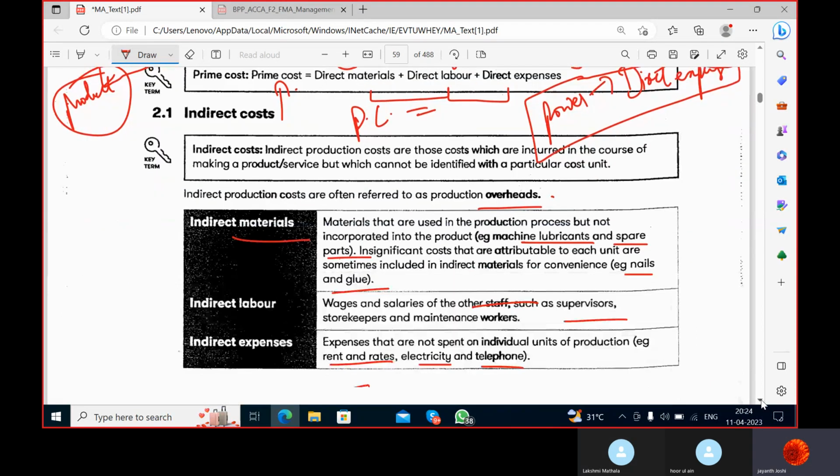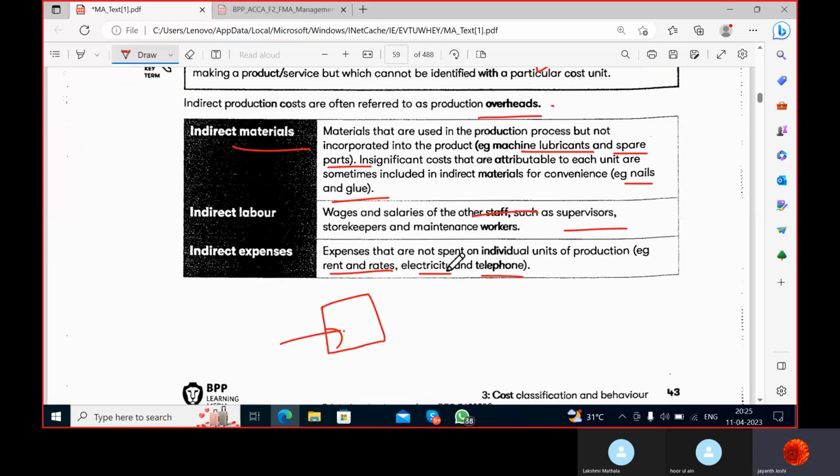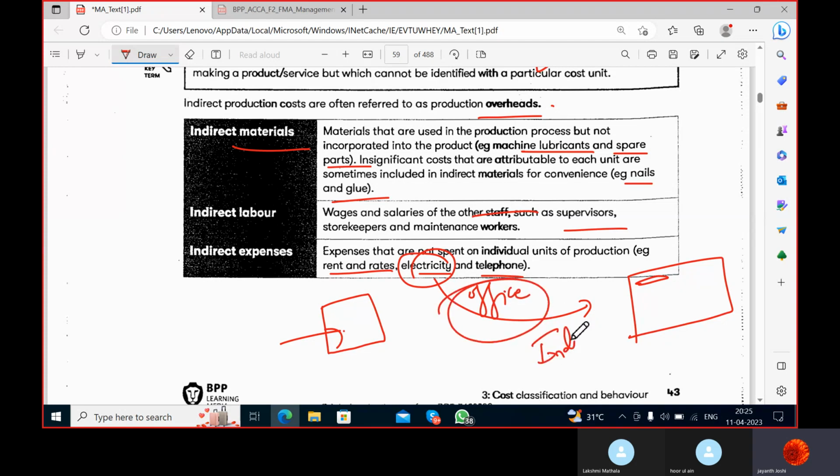But if I speak about electricity, in offices we require tube lights and computer systems. For that, are we paying in the factory, or paying separately for the office? Office. So electricity is specifically for office, hence that is an indirect expense.